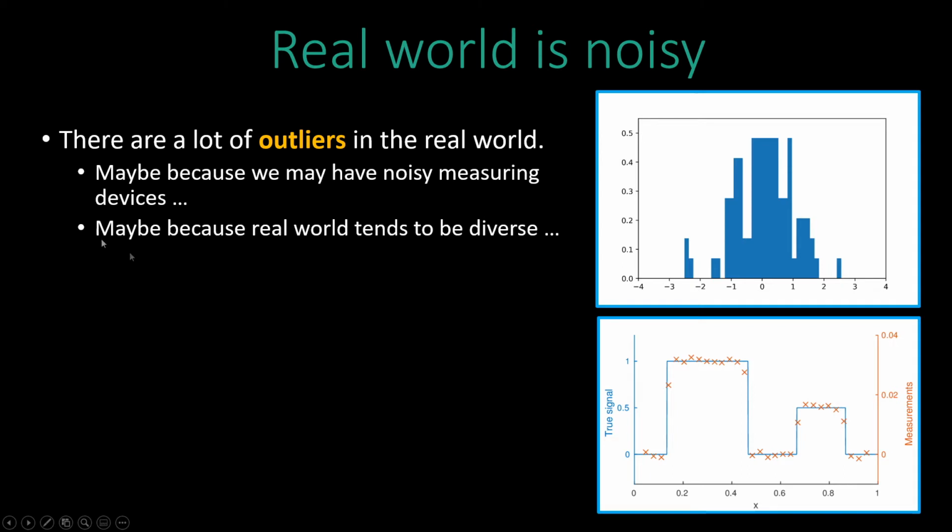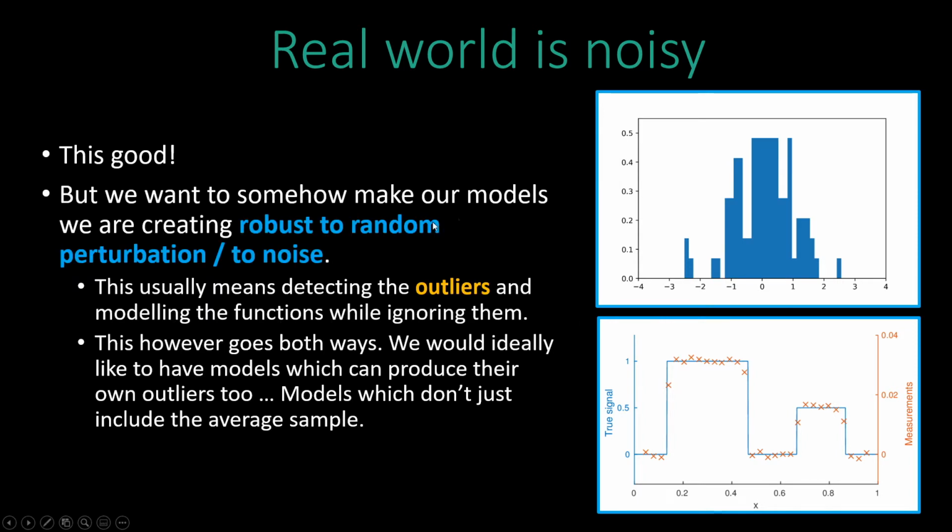This is also because the real world often isn't just a bunch of data which could be easily modeled. There is a lot of diversity, and a lot of samples which fall away from some artificial model, right? And this is actually good, but we do have to include all of that in our models.